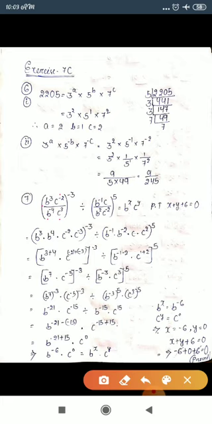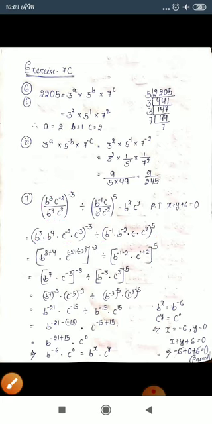B to the power 3, and this one will become the numerator, B to the power 4. Then C to the power minus 2, and C to the power minus 3, whole to the power minus 3. Similarly we solve the other part, whole to the power 5.